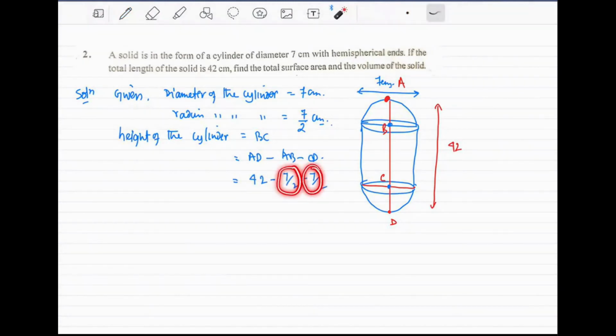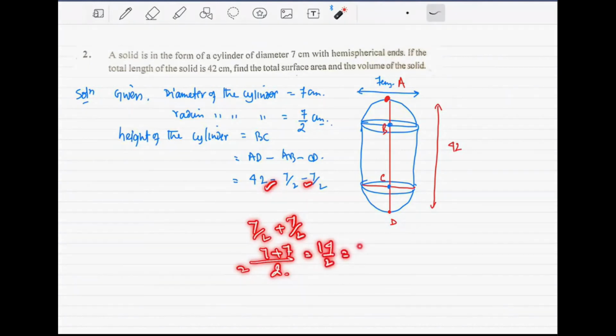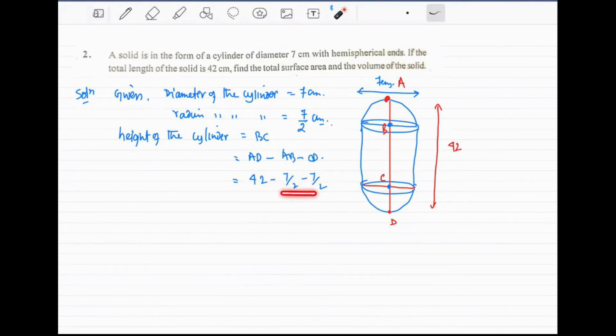These two are of the same sign, both of them are negative. 7 by 2 and 7 by 2, how much is it? 14 divided by 2 is 7. 7 by 2 plus 7 by 2 will be 7. So if you add these two, we are going to get 7. What's the final value? 35 centimeter.